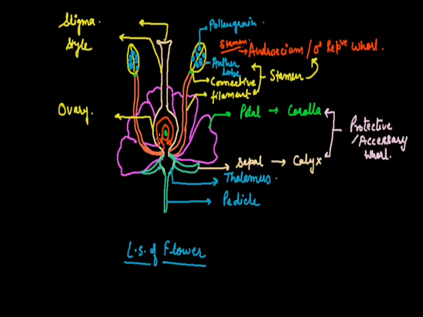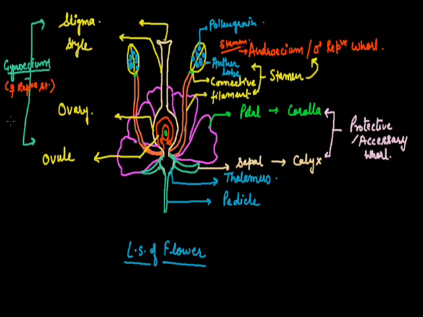Inside the ovary, a twisted structure is found, known as the ovule. The complete female reproductive structure is called the gynoecium. The common name of gynoecium is pistil.